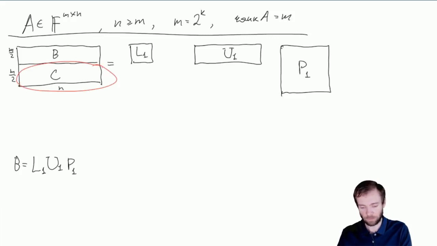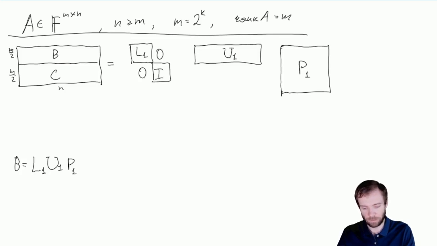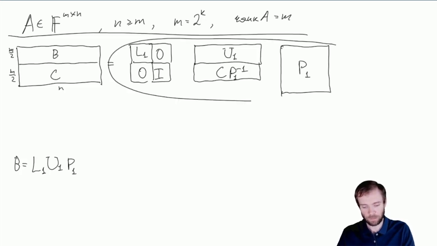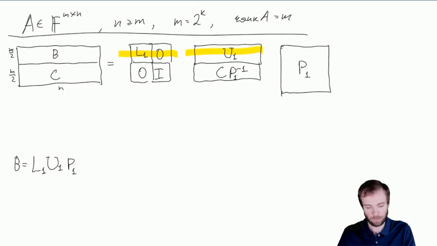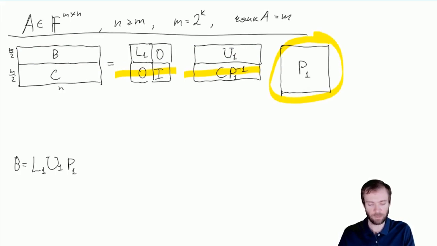But what about our block C? We can actually see that if we take an identity matrix here and 0 blocks here, and if we take yet another block here and make it equal to C P1 inverse, then this thing is a decomposition of our matrix A. Because when these guys are multiplied by the columns of this matrix and then multiplied by the permutation here, we get exactly the LUP decomposition of B, so we get the block B. And when these guys are multiplied by the columns of this matrix and then by P1, we have exactly the block C. So this is why we put P1 inverse here.